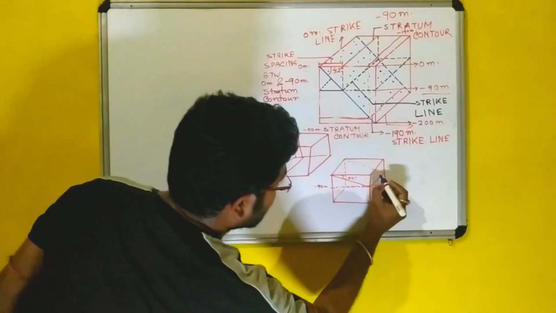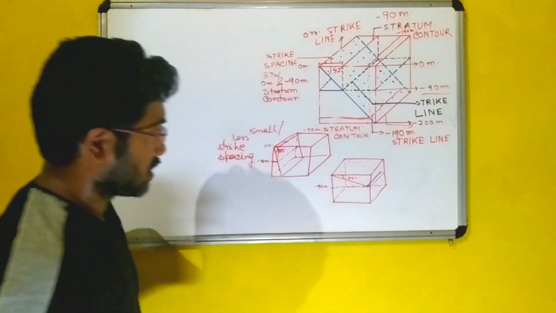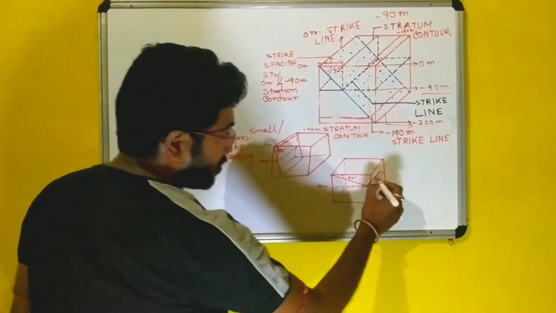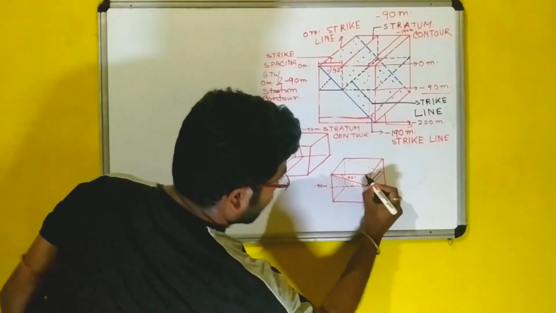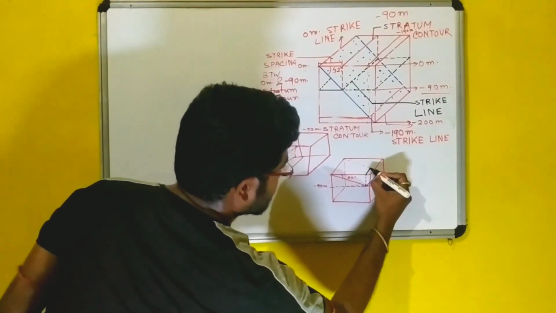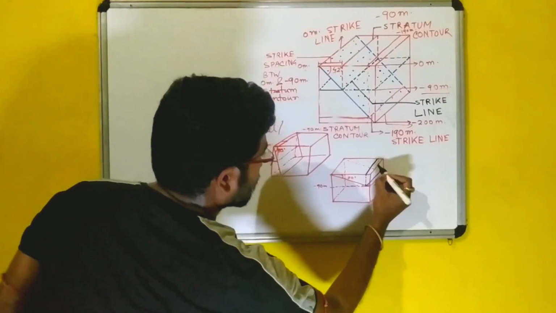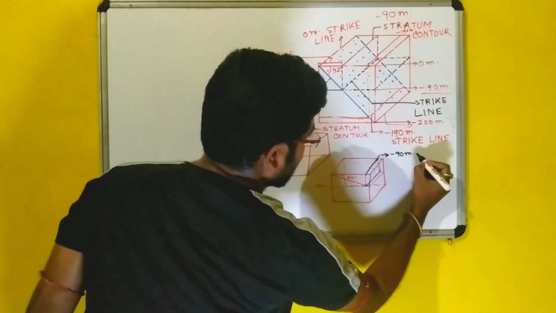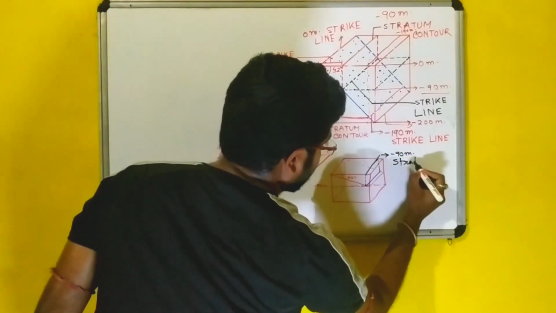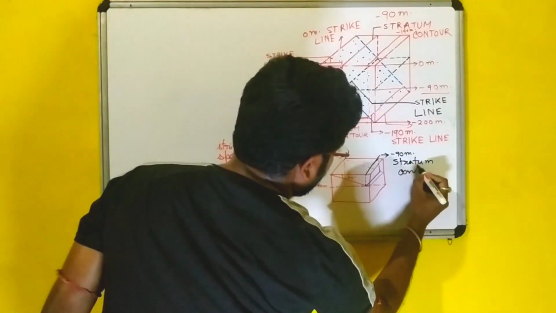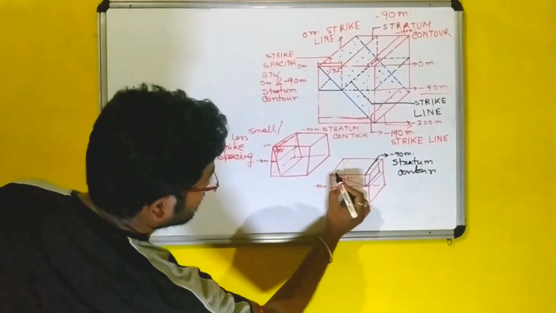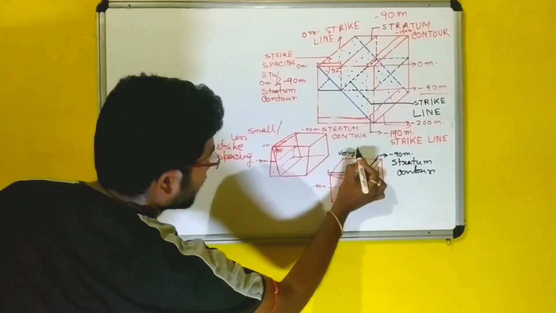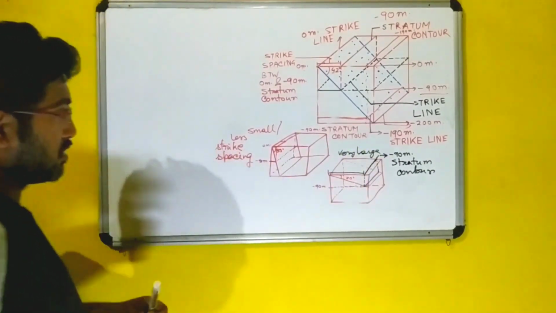So the intersection will be here. This will be the strike line, minus 90 meter strike line. So if we project it to the surface, this will be the minus 90 meter stratum contour, and this distance, this strike spacing is very large, right?